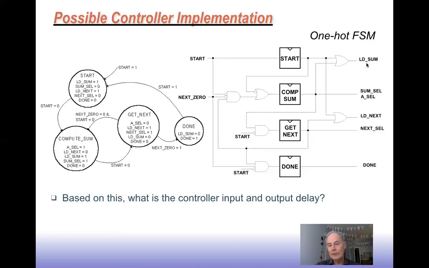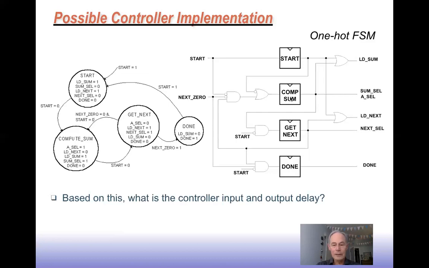Right? So for instance, this load sum signal has 1 gate delay, which in this example will be 0.5 nanoseconds, plus the clock to Q delay, which I think is 0.5 nanoseconds, or is it 0.1? We'll find it out in a minute, from this flip-flop here, right? Also, there's going to be an input delay through, worst case, a couple of logic gates to get into a new state.